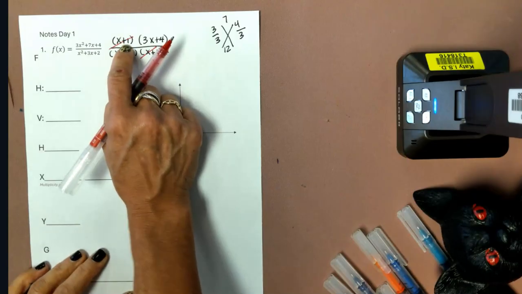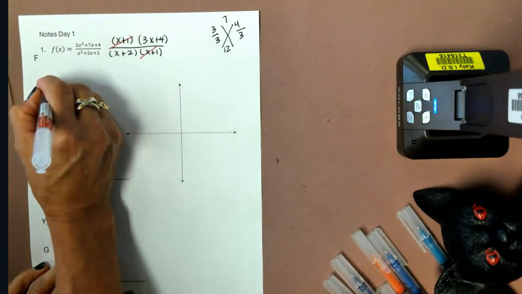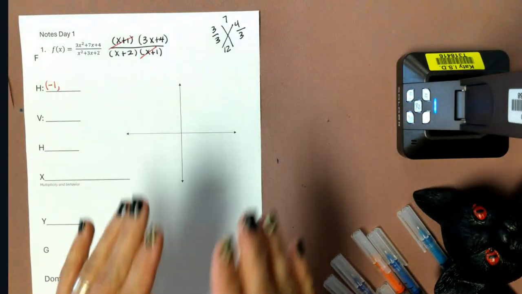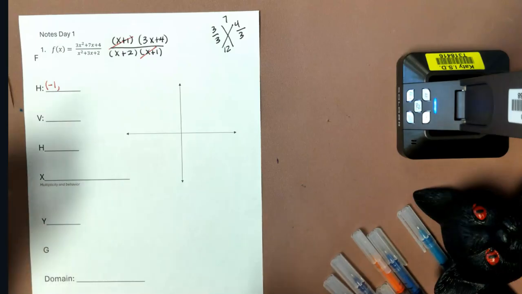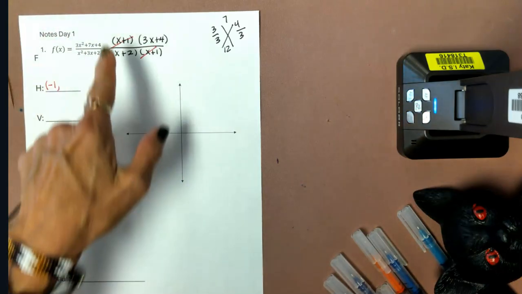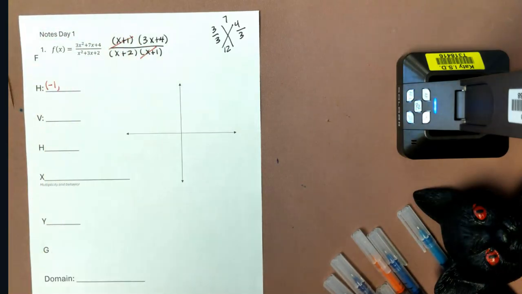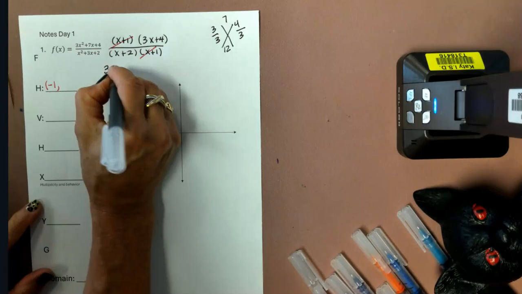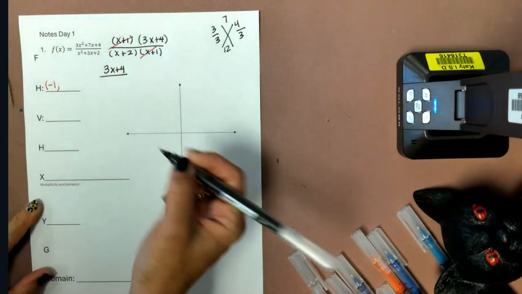This was a plus 1, so I'm going to plug in a negative 1 into the reduced fraction. We're going to wipe out these x plus 1s, and everything else that remains is going to look like this: 3x plus 4 over x plus 2.